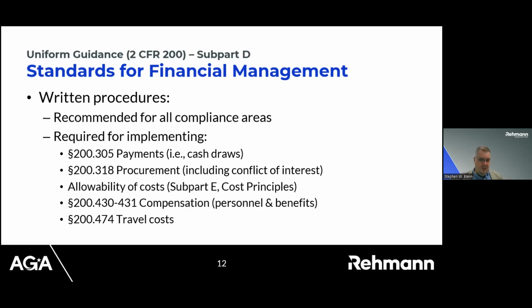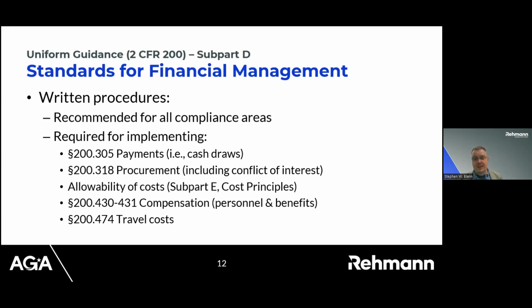A conflict of interest policy doesn't mean that you can't do business with the brother-in-law of the chairman of the board. It just means that the chairman of the board can't be part of the decision to pick the company owned by his brother-in-law. Essentially, you need to have a policy that has people recuse themselves from decisions that would benefit them directly or indirectly through a family member. So you've probably got your procurement policies down, but make sure you've got that conflict of interest included.